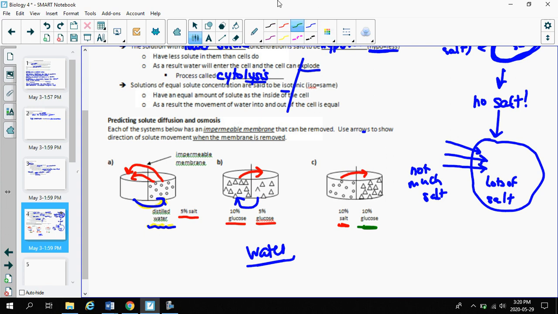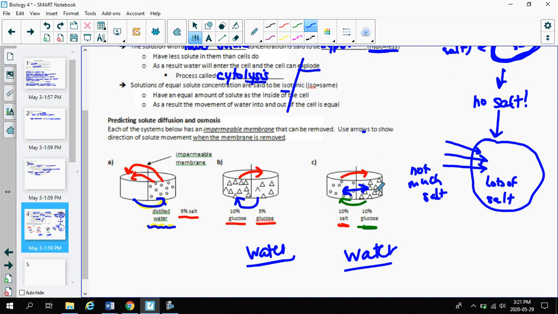Our glucose will be flowing down its concentration gradient this way, and in terms of water, in terms of osmosis, it would be both directions. So water would be flowing in and out of both equally once that membrane is removed. Hopefully that makes sense.